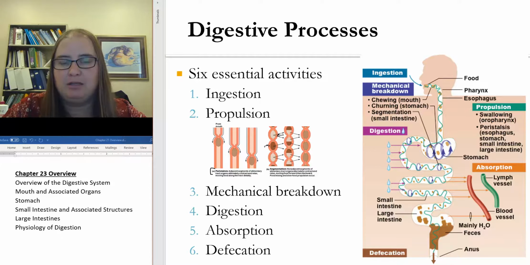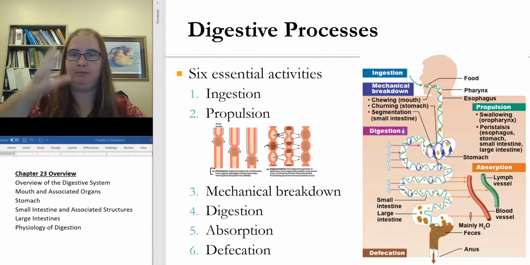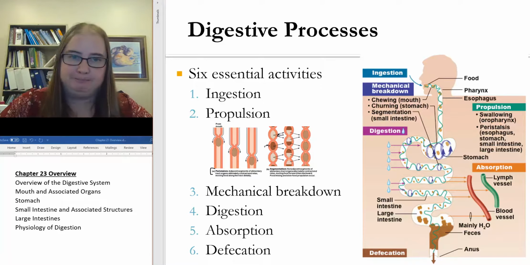So you get mixing of these different compartments, but in that process it also moves the foodstuff along. This is a much slower propulsion than peristalsis, but it's still a propulsion, because the foodstuff slowly moves down as it gets pinched off from compartment to compartment.